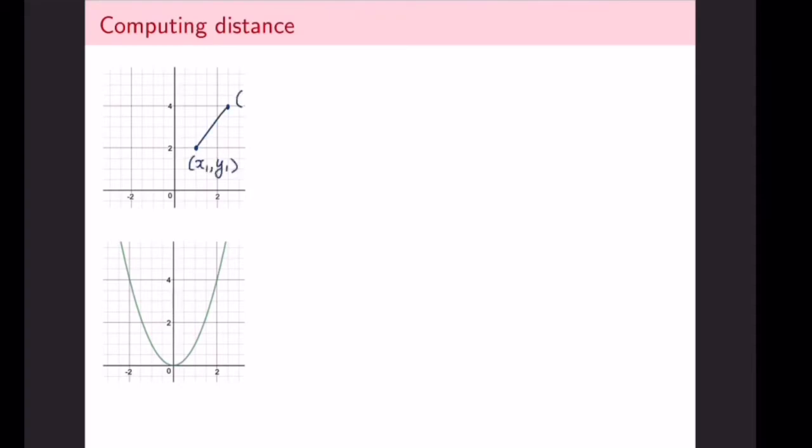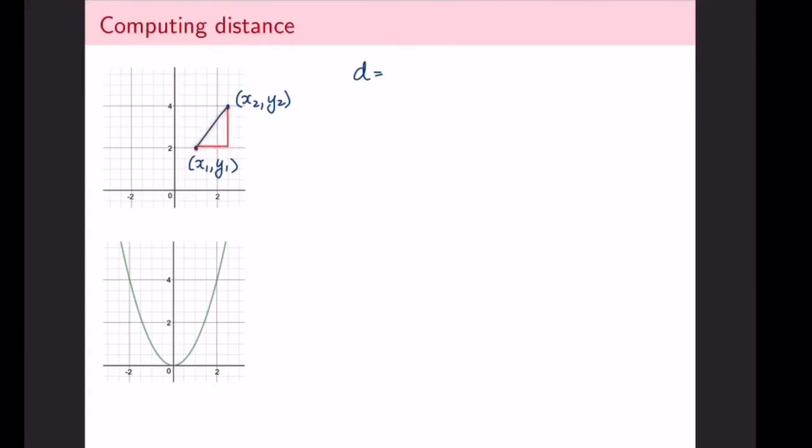So let's say x1, y1, and x2, y2. And then the distance, if you guys remember the distance formula, or you can think of distance as being computed in terms of Pythagoras theorem, right? So in order for me to compute the hypotenuse here, this guy, it's the square root of the squares of the two sides.